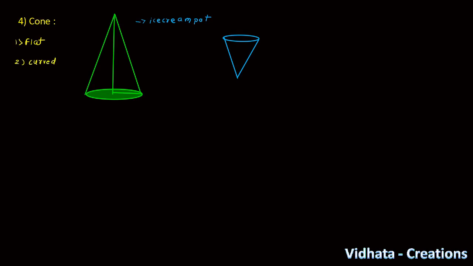In the case of this cone, can you say where the curved surface is and where the flat surface is? Here at the bottom there is a circle, which is a flat surface. And you have seen the ice cream pot; if you see the side, it is sometimes made of folded paper, and here it is curved.